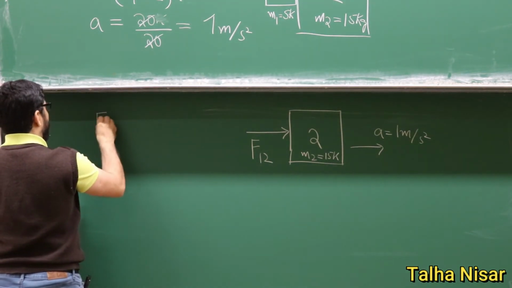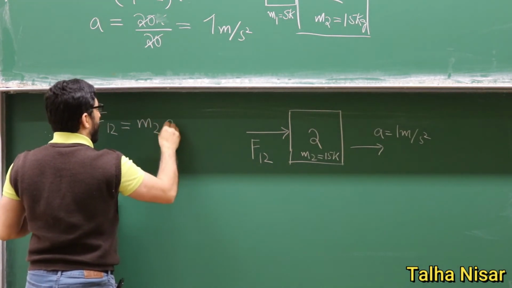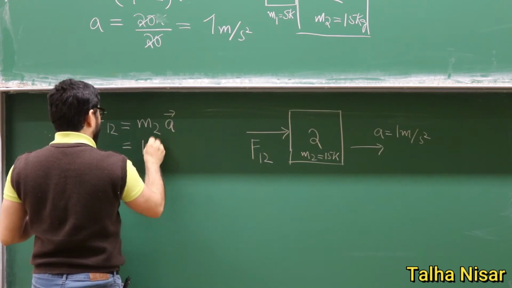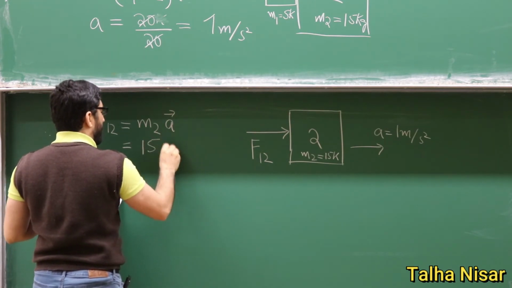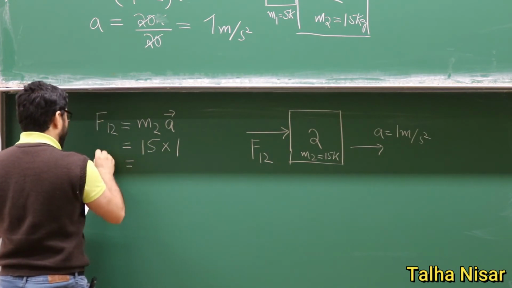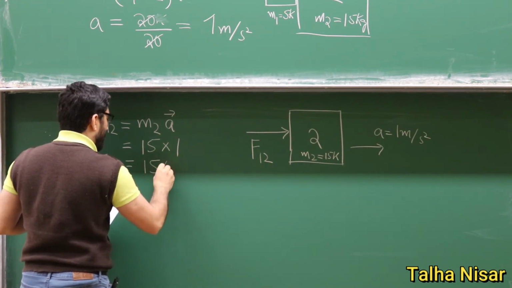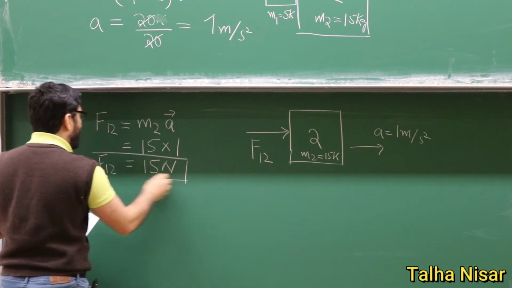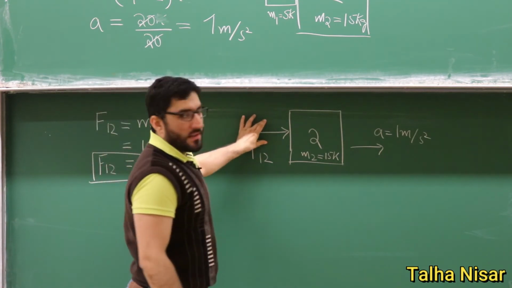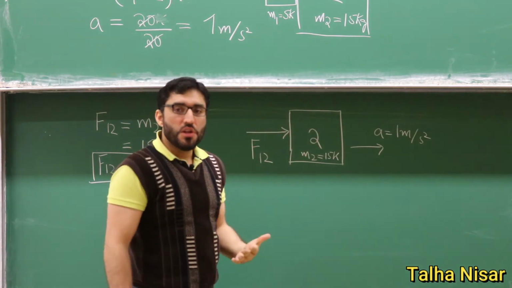F1,2 is M2 times the acceleration, so 15 multiplied by 1, 15 mass and 1 acceleration. So F1,2 is 15 newtons. So we know that the force acting by object 1 on object 2 is 15 newtons.